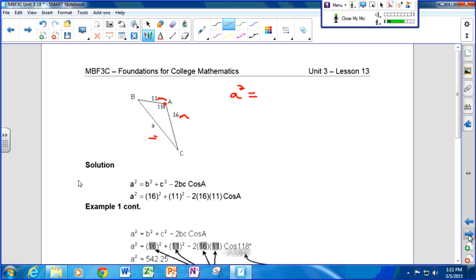I mean, it doesn't matter what order we do it in, but I'll do it in order. So it's 16 squared, that's the one there, plus 11 squared. Really, it's the two you have. You just stick them in there, right? Minus 2 times 16 times 11, which are the two you have. And then the cos of angle A, which in this case is 118 degrees. And I managed to fit that all in there.